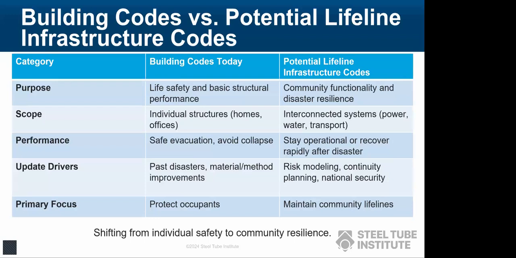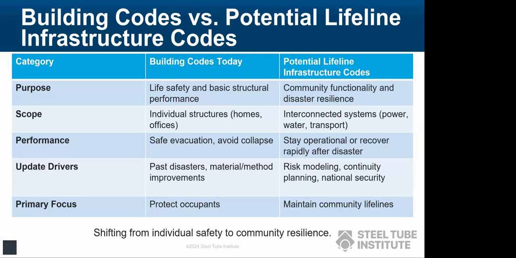Next slide. This really looks at the difference between building codes versus the potential for infrastructure codes. And if you look at building codes today, life safety and basic structural performance is really addressed by the building codes. But there is a potential for infrastructure codes to basically help the communities functionally prepare for disaster resilience.